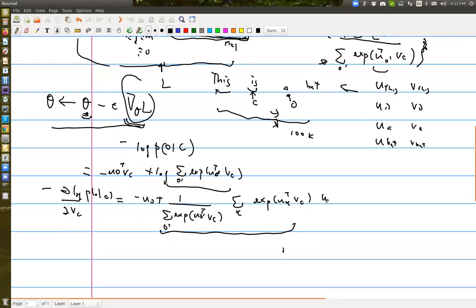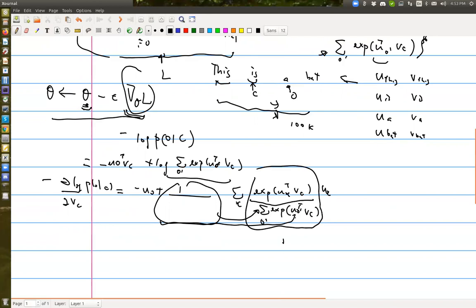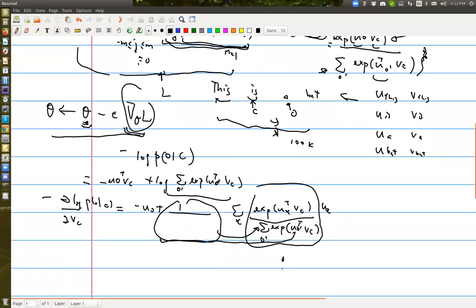The first term is just a constant, so I can push it inside the sum. Then what remains is nothing but the same softmax expression again, equal to P(x given C).